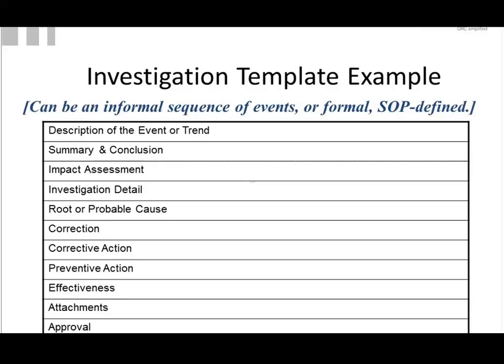A correction is not defined by CAPA, but it's involved in CAPA, and that's where you actually resolve the immediate issue by quarantining, recalling, replacing, if you will, with the customer. Those are the kind of activities as to correction.